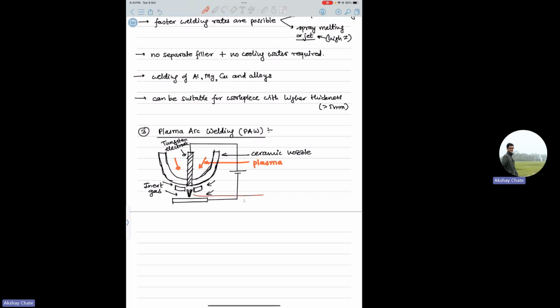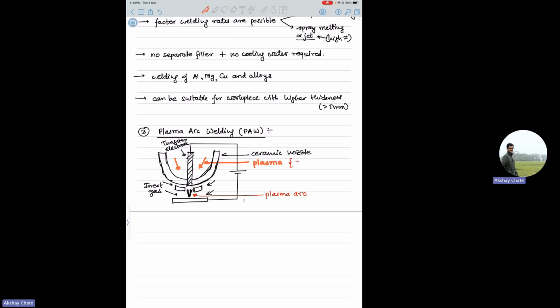So this is called a plasma arc. This is not a normal arc. Okay, so this is the broad setup for this kind of technique. Now the only difference that you see here is plasma, right? So what is plasma? There are different techniques to generate plasma, but in a nutshell, plasma is nothing but ionized gas.